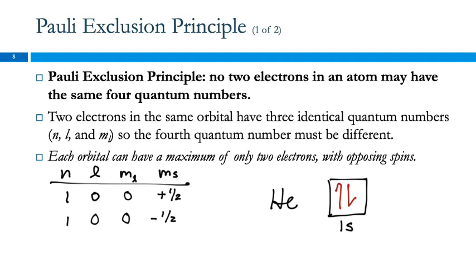So in an orbital, we can only have 2 electrons, and they have to have opposite spin. Otherwise, we'd have 2 electrons with the same set of numbers. So the Pauli exclusion principle says we can only have 2 electrons in an orbital, and they're going to have opposite spins in order for them to have different quantum numbers. That make sense?